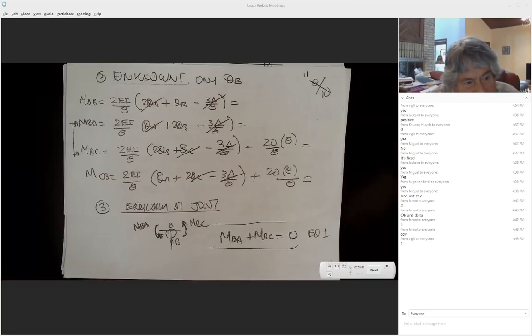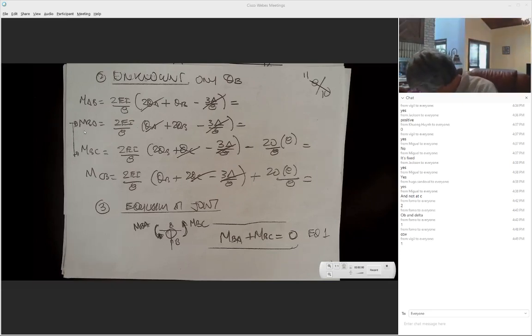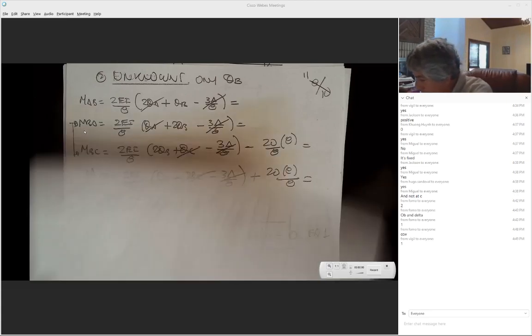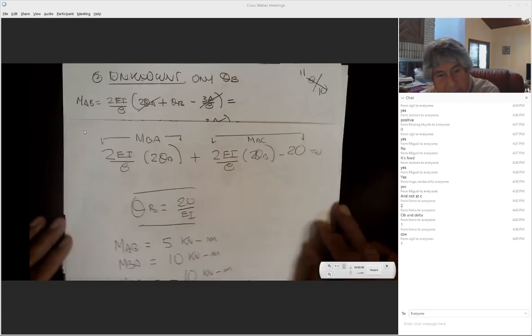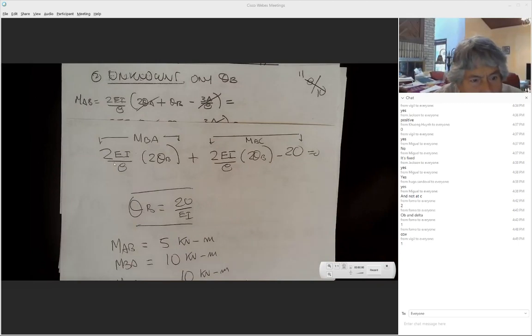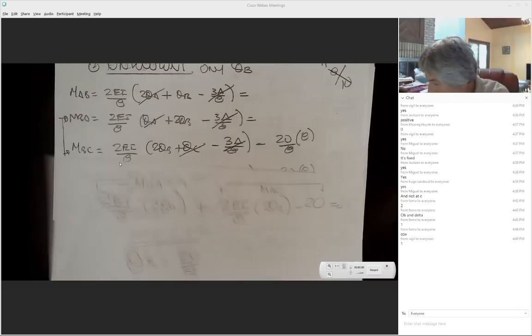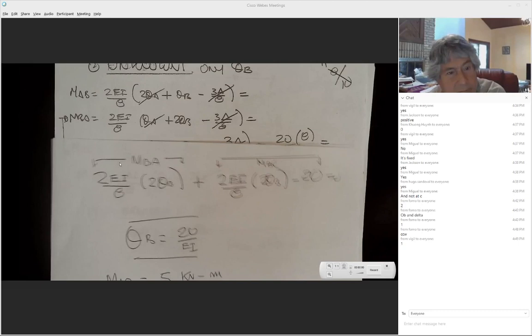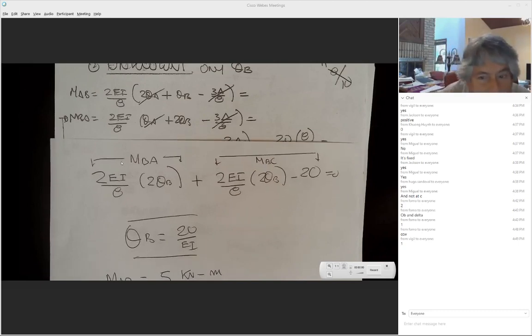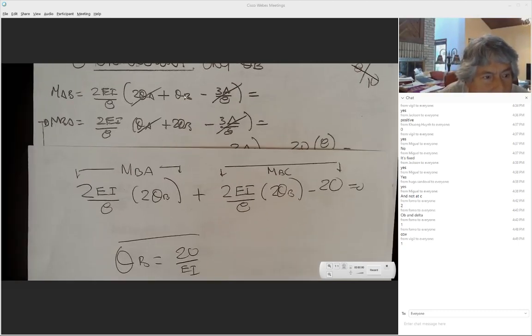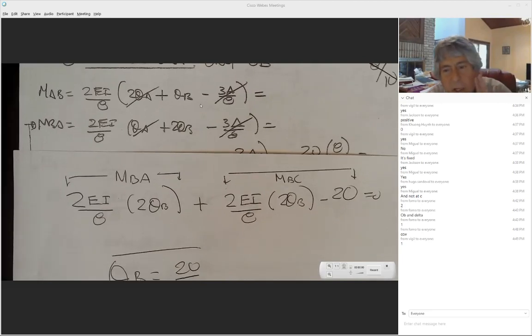MBA plus MBC, combining these two. This is what I have. Look, MBA. I want to increase this a little bit because this is a very important step.